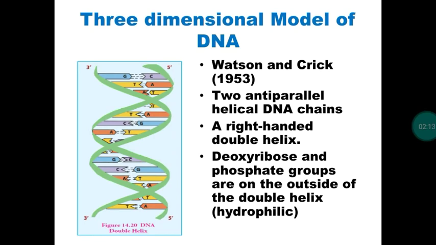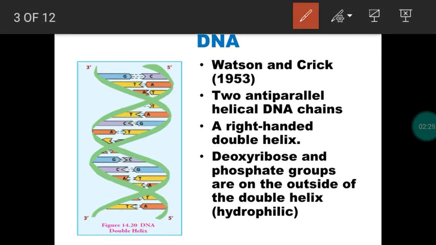Next, the double helix structure of DNA can be studied now. This is a three-dimensional model. The double helix structure of DNA has a three-dimensional arrangement, which was proposed by the scientists Watson and Crick in 1953.